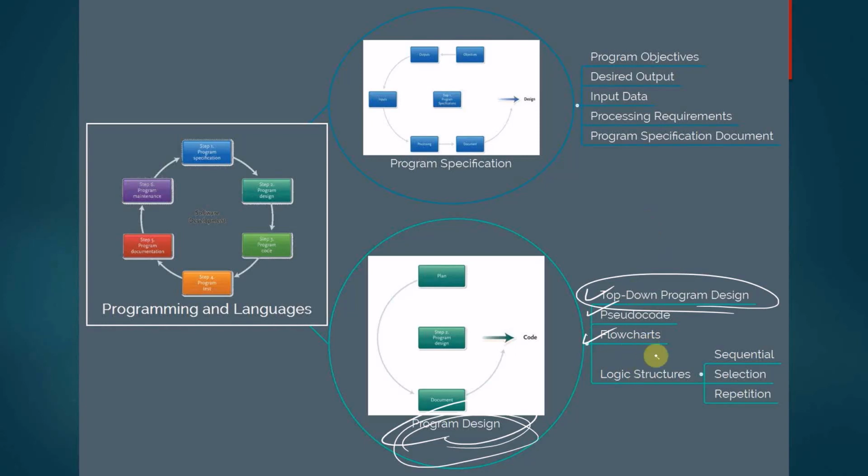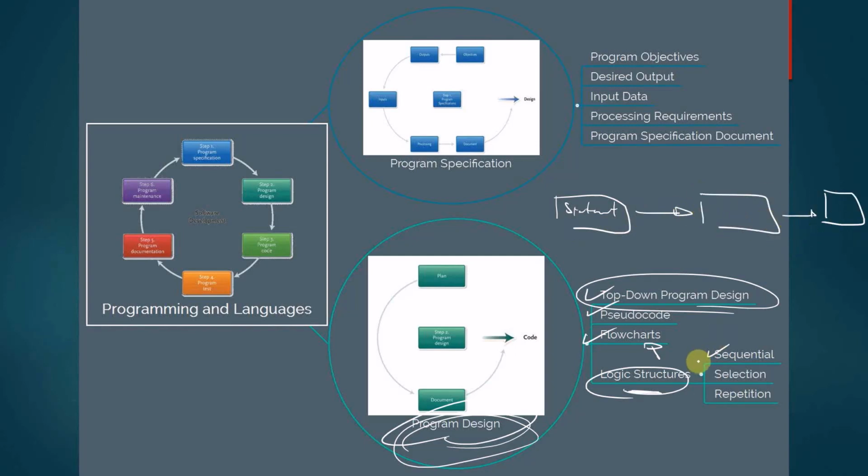A lot of times within a flowchart, you'll also have what are known as logic structures. This is how we link the various parts of a flowchart. There are several different types of logic structures. The first is what's known as sequential. In other words, we have one statement which then flows to another statement, which then flows to another statement.